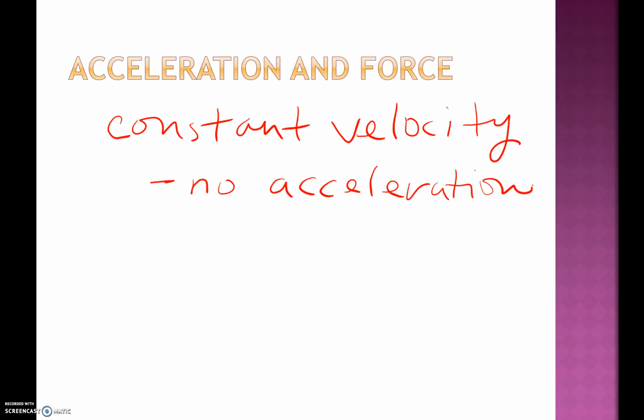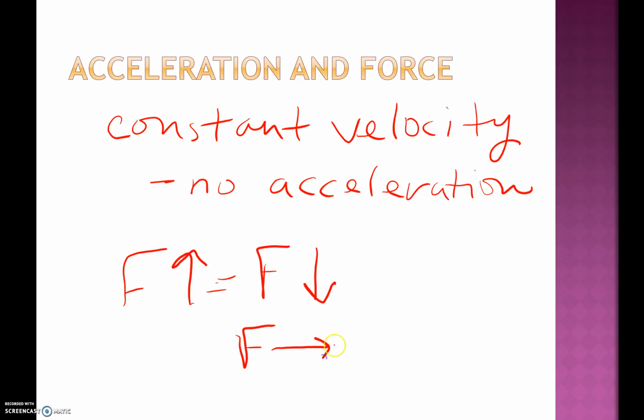Instead, I want you to focus on this right here. If there is no acceleration, there's constant velocity. The force in the up direction equals the force in the down direction. At the same time, the force in the right direction equals the force in the left direction.